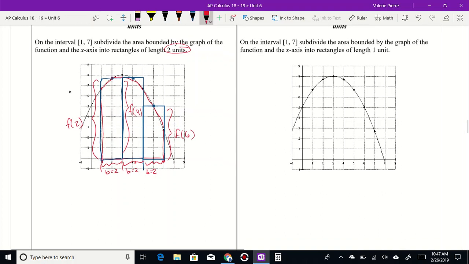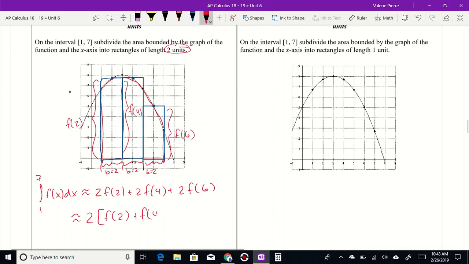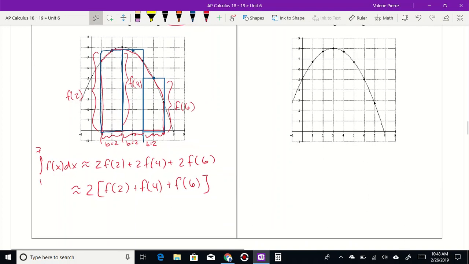So now, the definite integral from 1 to 7 of f of x dx is approximately equal to 2 times f of 2 plus 2 times f of 4 plus 2 times f of 6, which we can rewrite as 2 times f of 2 plus f of 4 plus f of 6, which is approximately equal to 40.667.